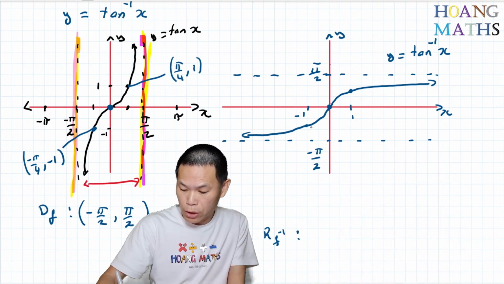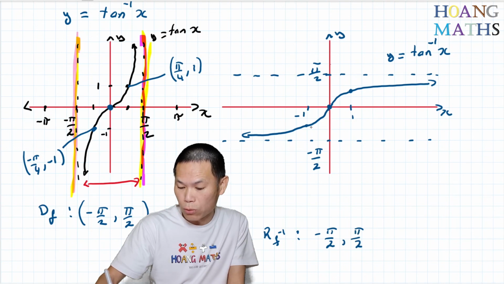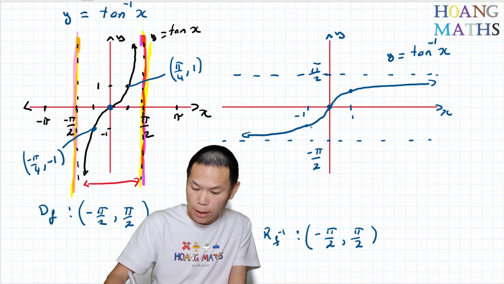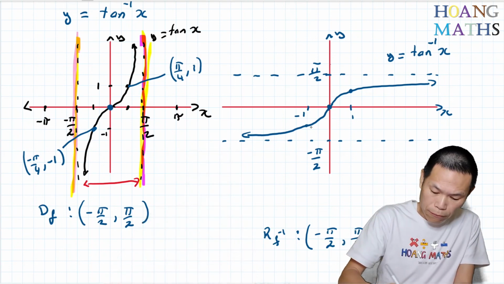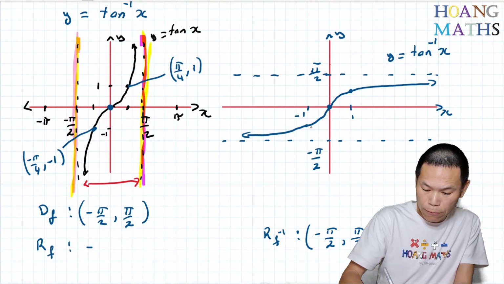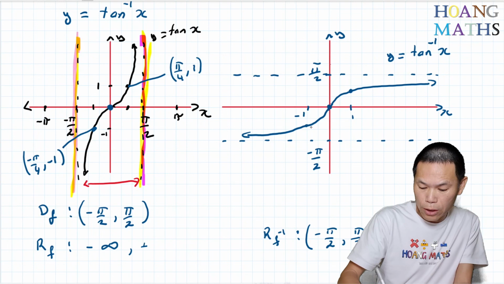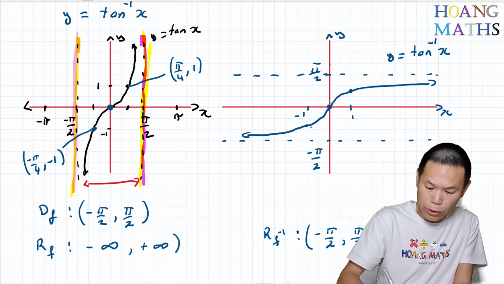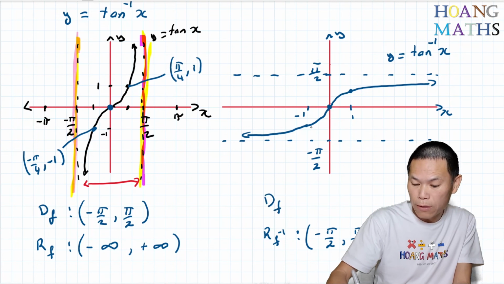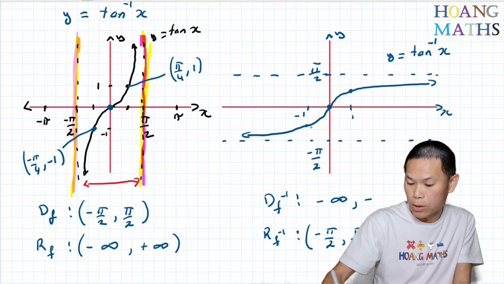So the range for this is between −π/2 and π/2, exclusive, okay? So that's why we use normal brackets. And the range for the function, let me just write this down, is between negative infinity to positive infinity, because there's no restriction for that. So that becomes the domain of the inverse function. So between negative infinity to positive infinity.